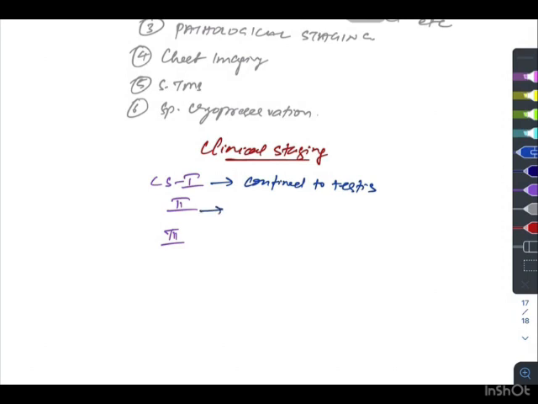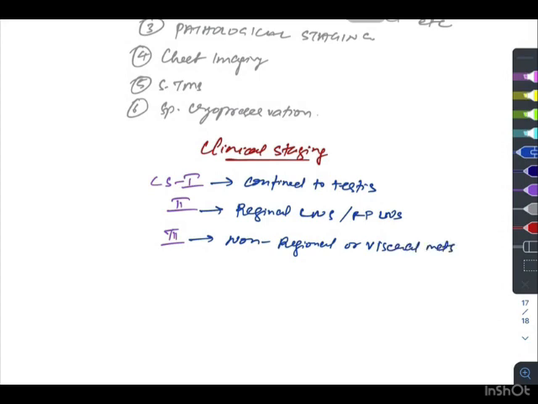Clinical stage 2 means it has metastasis to the regional lymph nodes, that means retroperitoneal lymph nodes. Stage 3 is spread to non-regional or visceral lymph nodes, visceral metastasis.